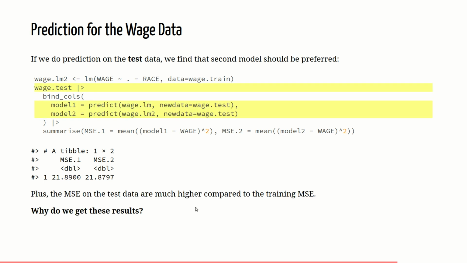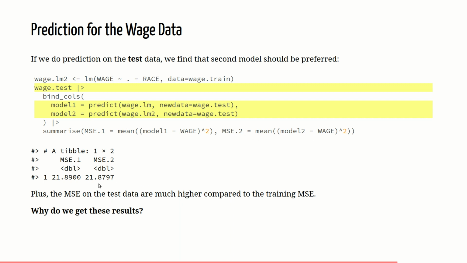But what about if we look at the test data? You remember we have this artificial test set, which hasn't been used to train the model, hasn't been used to estimate those betas. We could use our prediction on that and compare it to the true value of the target variable wage. So we take our wage test data, bind predictions on the wage test data, and then compute the mean square error in the same way.